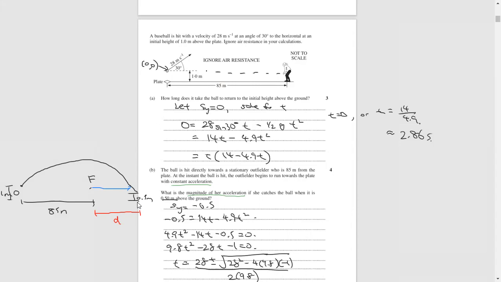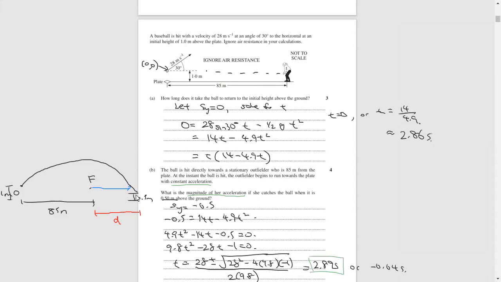And that gives you 2.89 seconds for the positive answer, which we did expect because it's slightly longer than the time returning to the same height. Right? It's got to return to the same height here before it falls even further. Now we can work out the negative answer, but it'll be negative, so we don't really want that. So that's the time we care about.